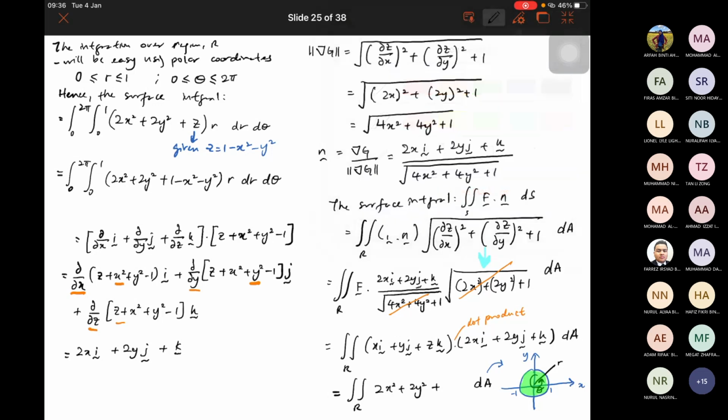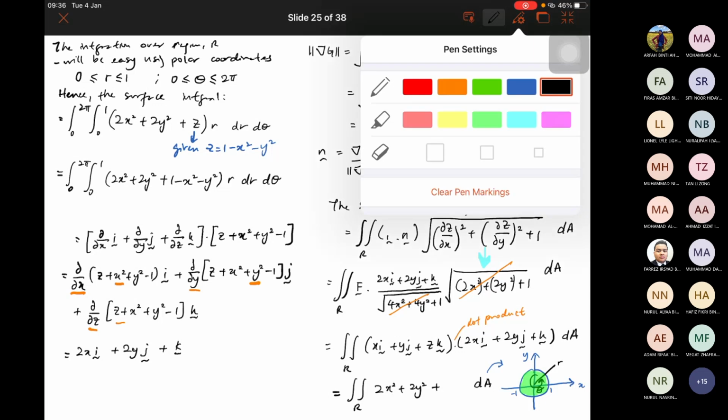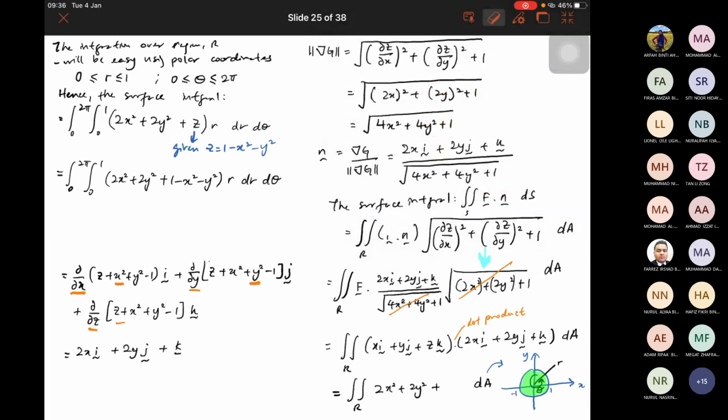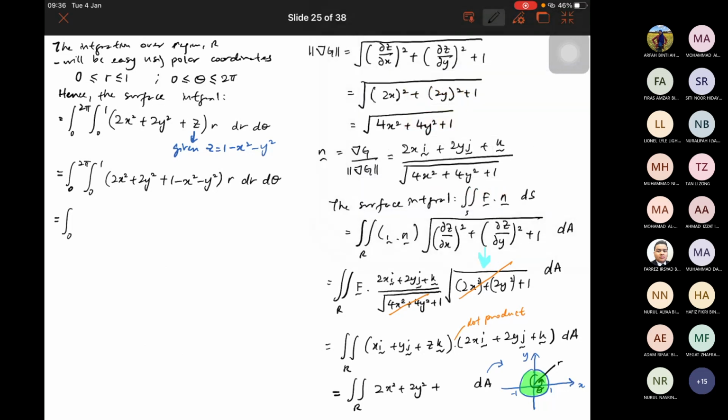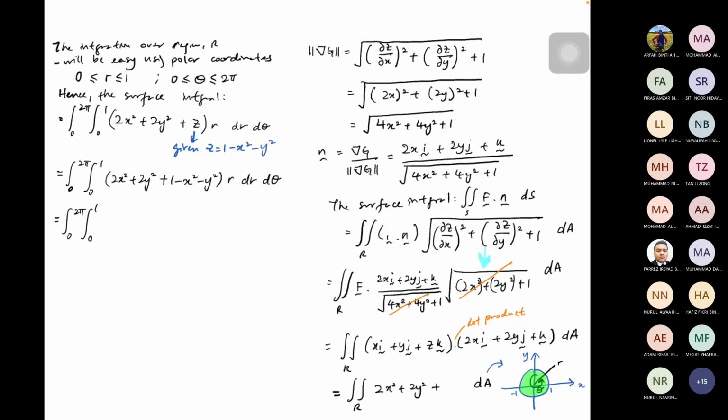So it will be equal to integration 0 to 2 pi, 0 to 1, 2x squared tolak x squared, jadi x squared plus y squared plus 1, r dr d theta.